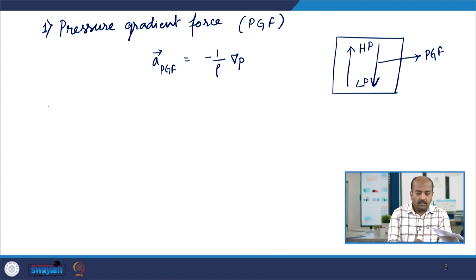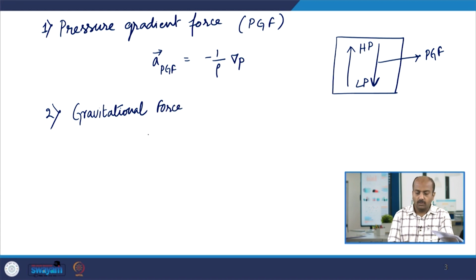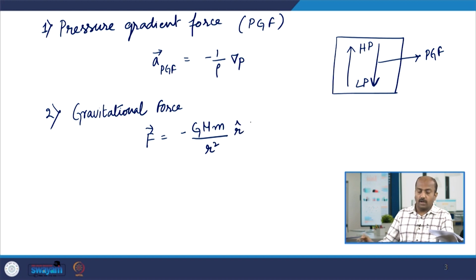Right. So, now let us say the second type of force is the gravitational force. This is simply gravity. So, you write F as minus GMm by r square r cap. Right.